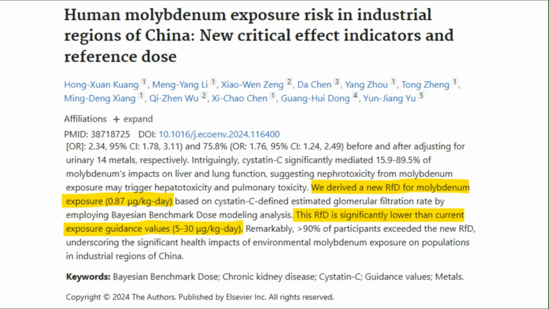And so they looked at what would be the maximum exposure of molybdenum per day, and it would be about 0.87 micrograms per kilogram per day. So for an adult, that's just a little bit above the RDA.